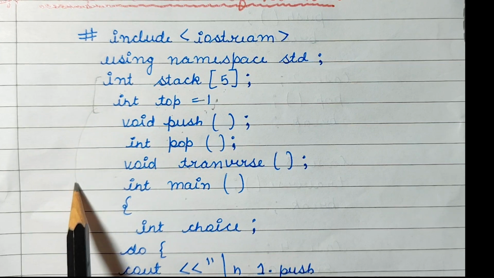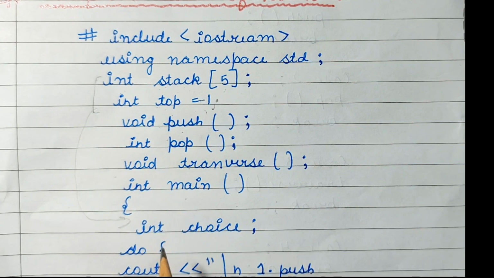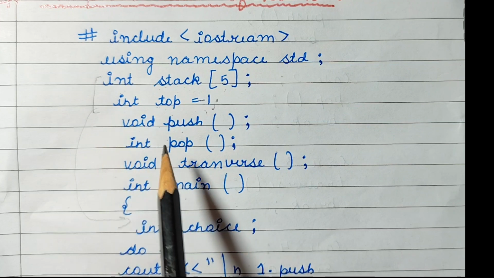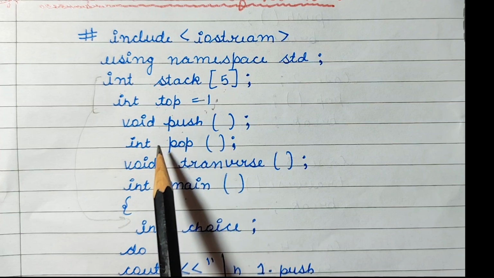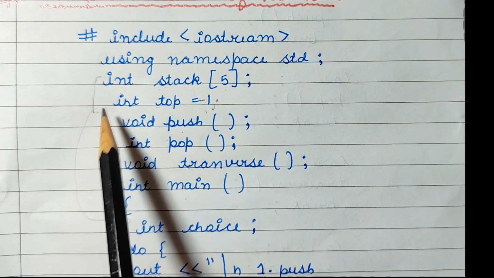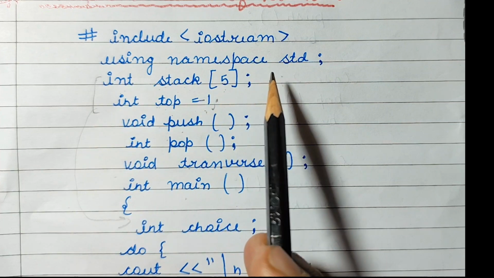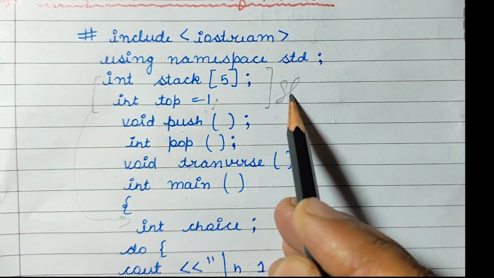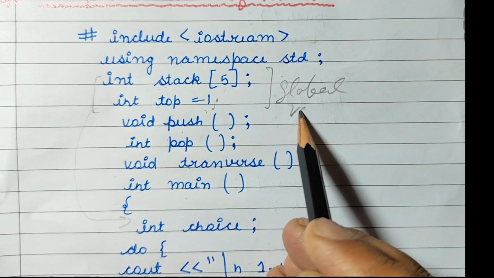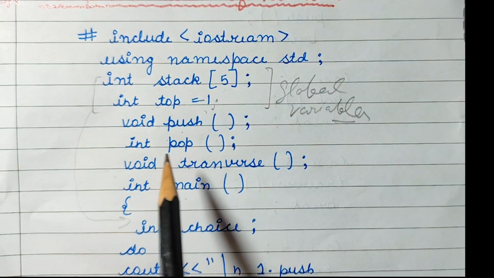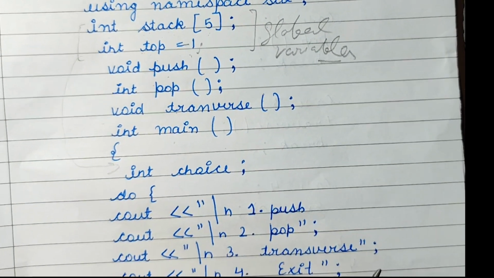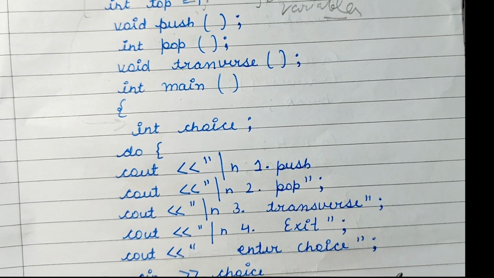If I declare these variables in the main function, then they are valid only in the main function. But I require these two variables in push, pop and traverse function. That's why I declare these variables as global variables, so that I can use these variables in sub functions. After this I declare a main function.